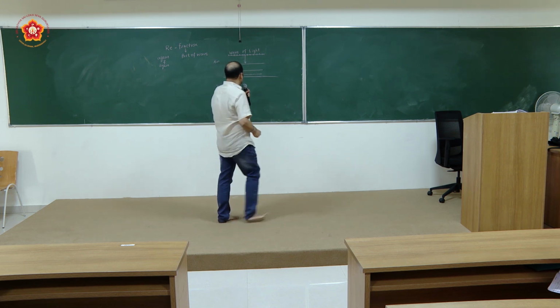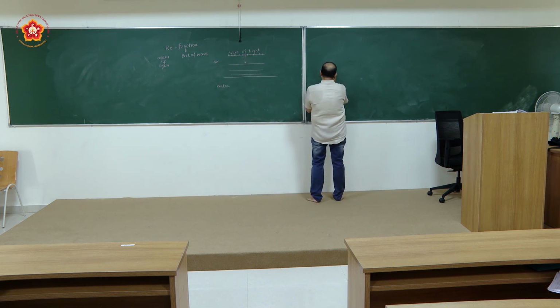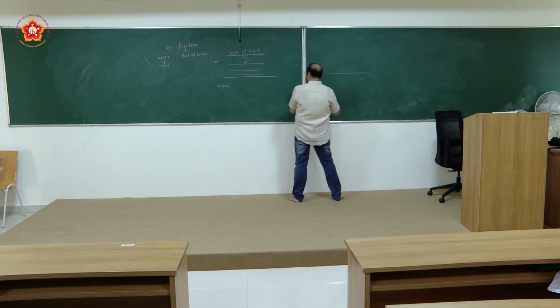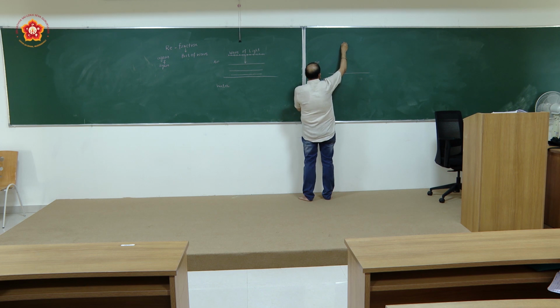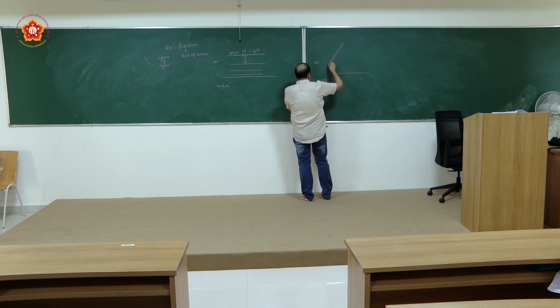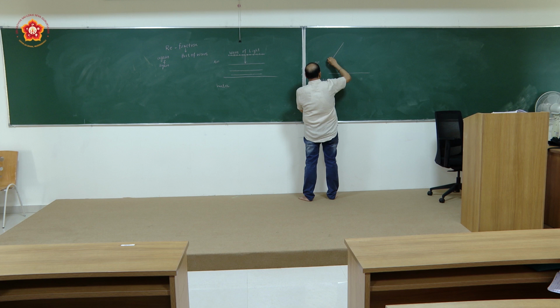Okay, I'll show you another picture. Consider the same situation here. Here you are having the water boundary that has been marked. You are having the air medium here, and now there is a wave like this. This is representing the wave of light.